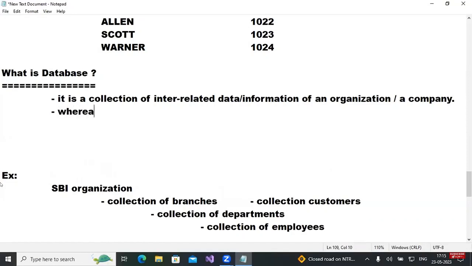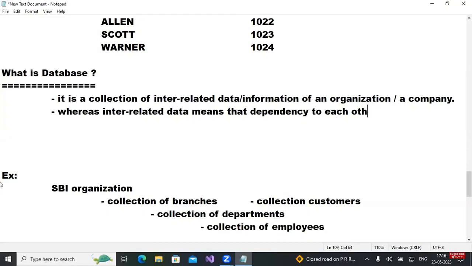Whereas interrelated data means dependency on each other.